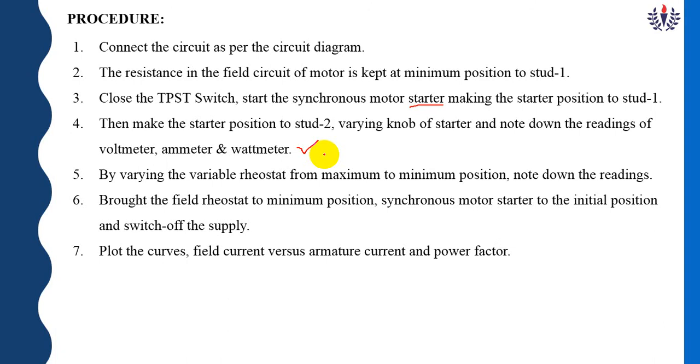Next, plot the curve of field current IF versus armature current IA. You will get a curve. What is that curve? And plot the graph of IF versus power factor. You will get one more curve, and what is that curve?